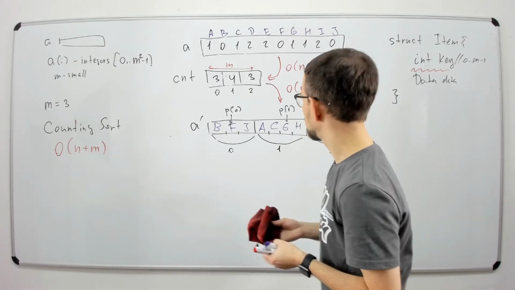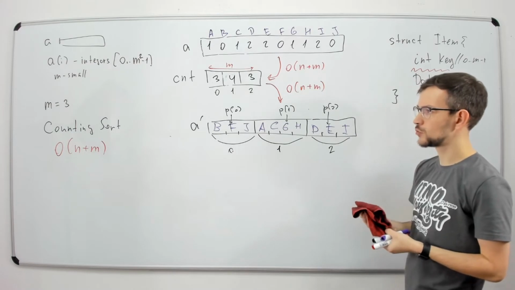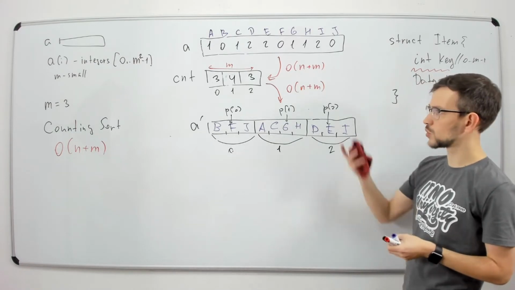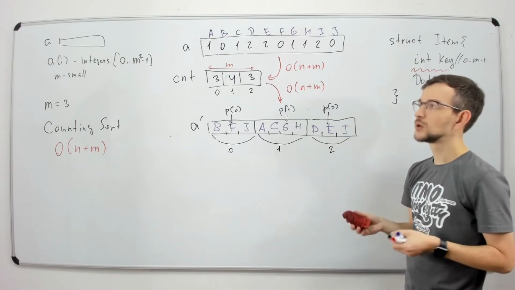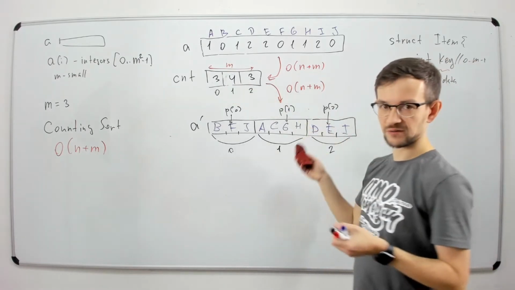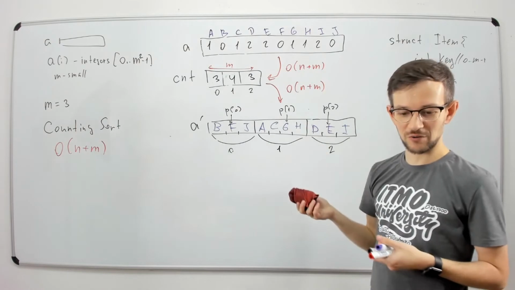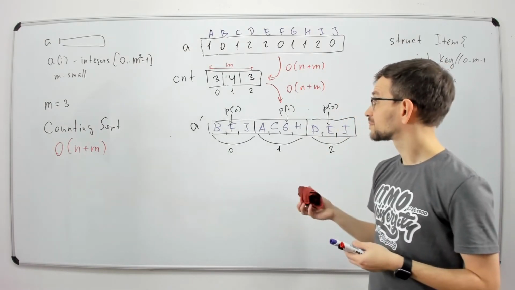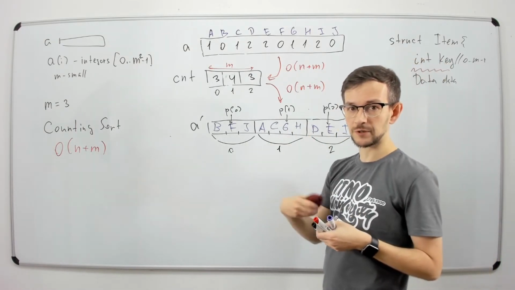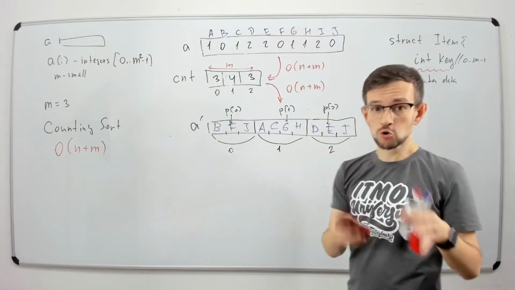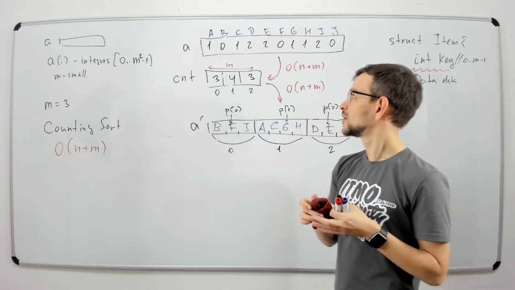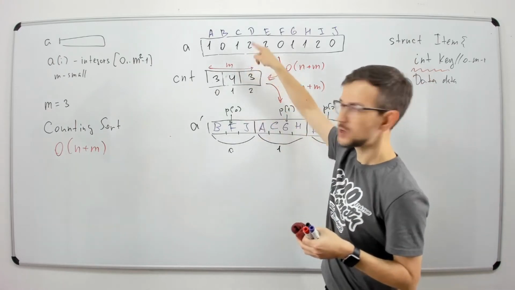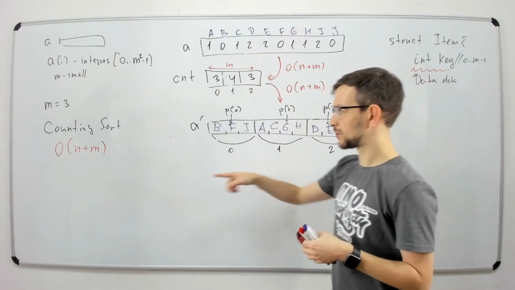What can be the limit of n? It depends on the situation. If you have only one sorting algorithm, it depends on how much memory you have. If you need to do it once, then you can use all your memory to create this big array of counters and so on. If you want to do it multiple times, then usually to choose a good number for m, you want m to be equal to n, because it's n plus m.